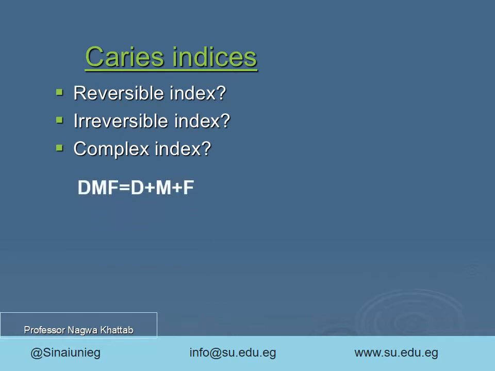هناخد example. ال DMF هو مجموع ال D زائد ال M زائد ال F. Suppose we have a patient جالنا عنده 3 teeth decayed, no missed teeth, and 1 filled.